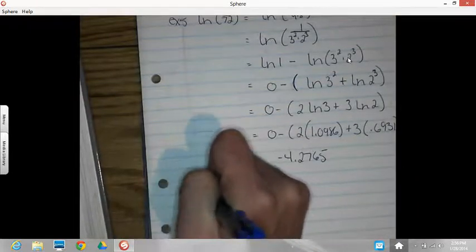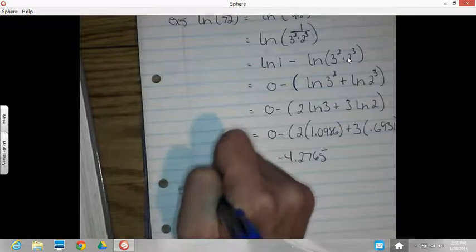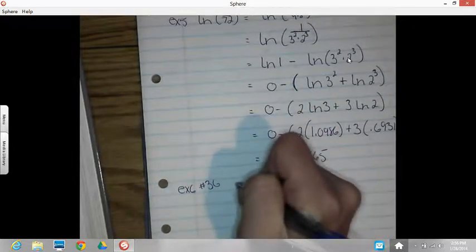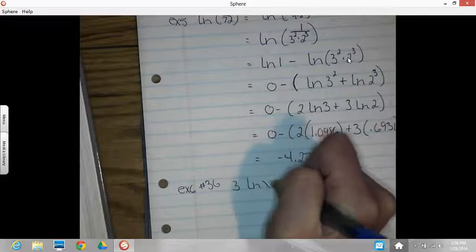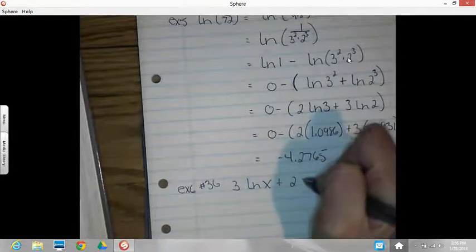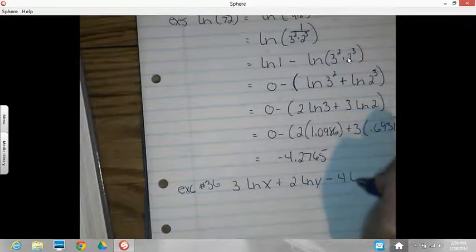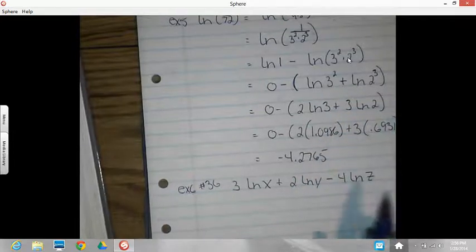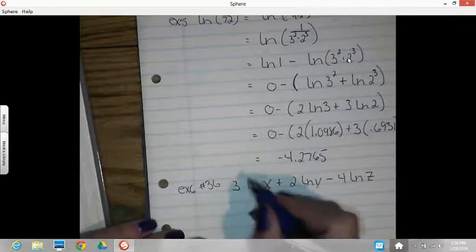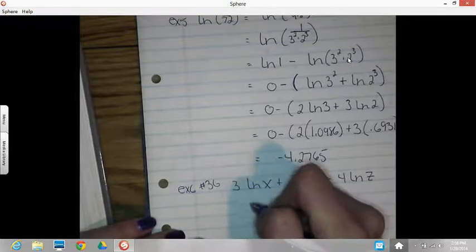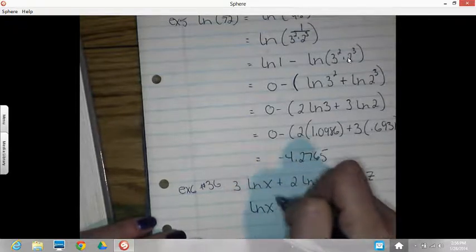This is your number 36 that's on that worksheet. It starts out 3 natural log of x plus 2 natural log of y minus 4 natural log of z. Okay. First, going to simplify each one by bringing these multipliers up as exponents.